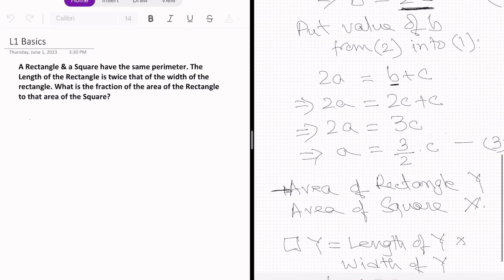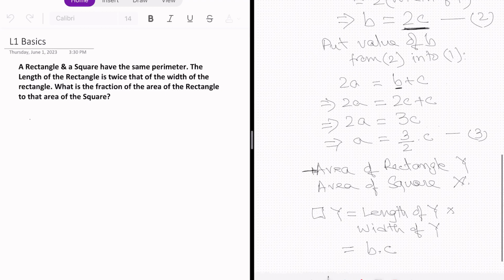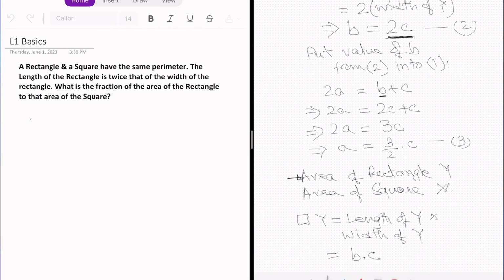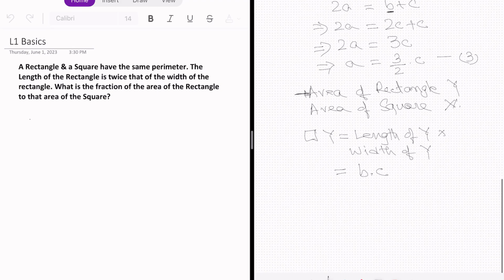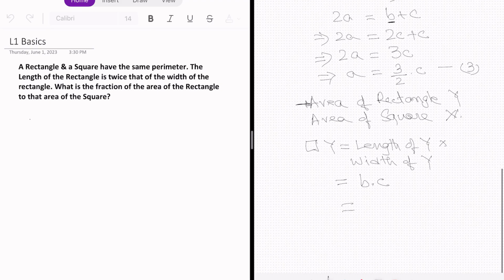But I also know that b is 2 times c, from equation 2. So let me replace b with 2 times c, multiplied by c. And this is the area of rectangle y. Let's mark this as 4.